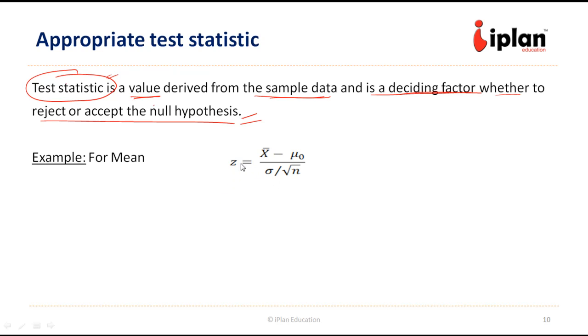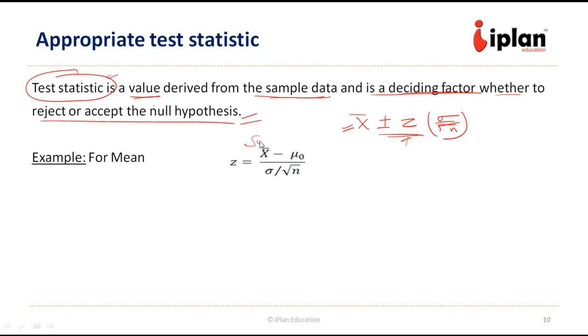When we were talking about the confidence interval, we were using it in this way. It was x bar plus or minus z score times sigma by root n. This was the confidence interval. Now if we want to calculate the test statistic, the value of z, we simply write x bar minus mu, divided by sigma by root n.